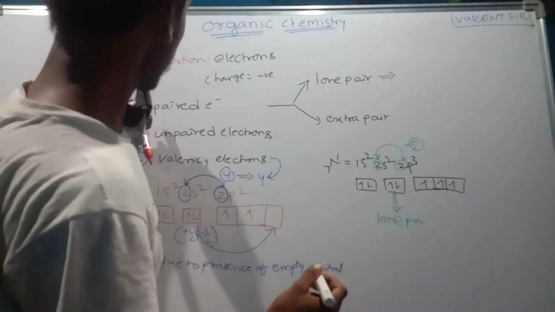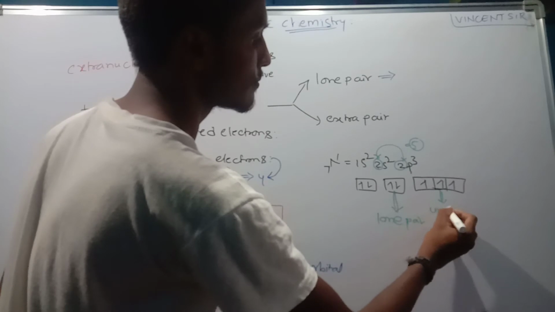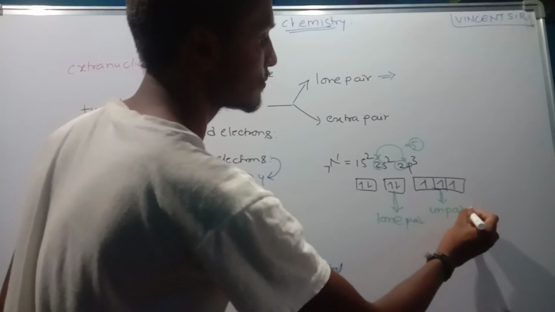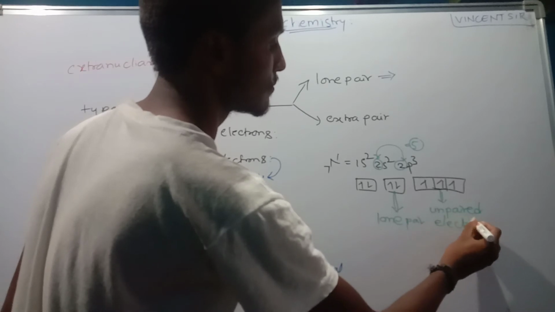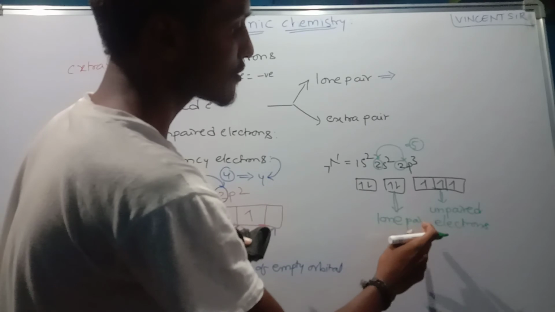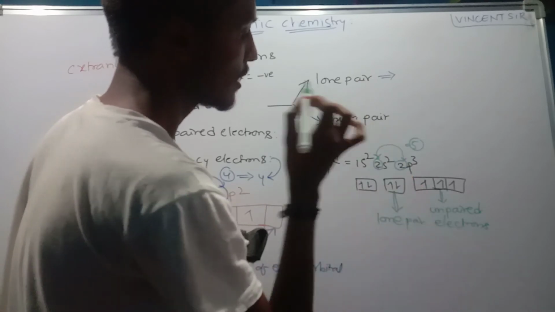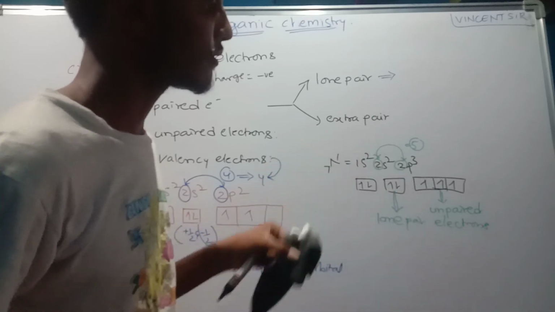And you can see the unpaired electrons. The lone pair of electrons means the two paired electrons present in the atom itself.